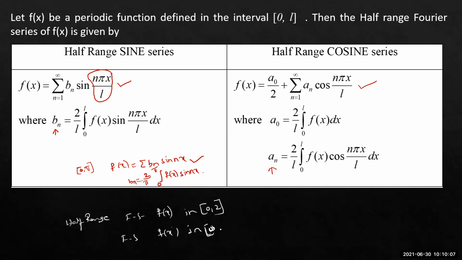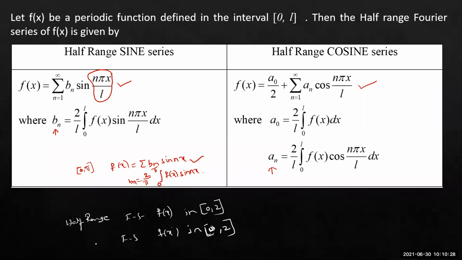Understand, when it was an interval which includes pi, there was a clear distinction. The interval looks like either 0 to 2 pi or 0 to pi. But now here both look similar. Since there is no pi involved here, you need to distinguish them clearly.